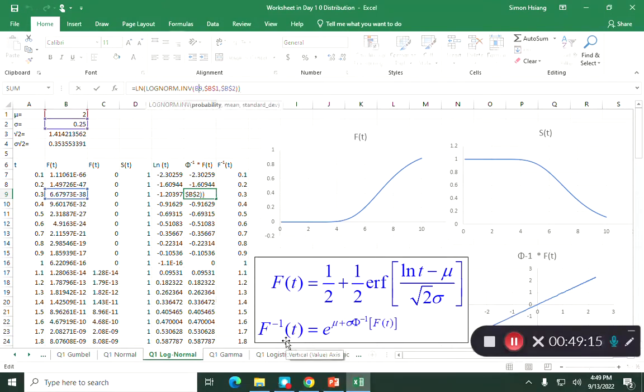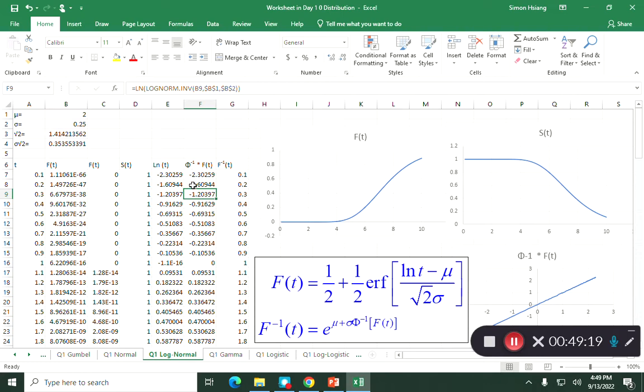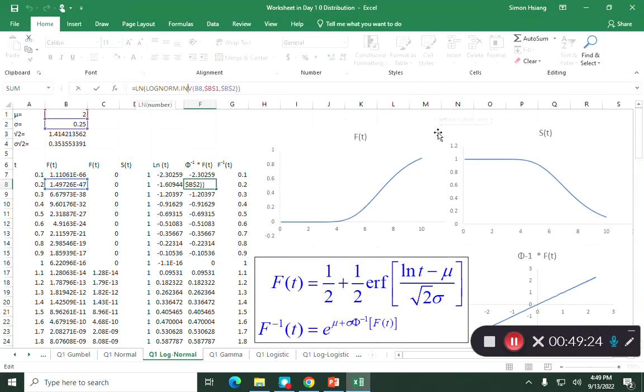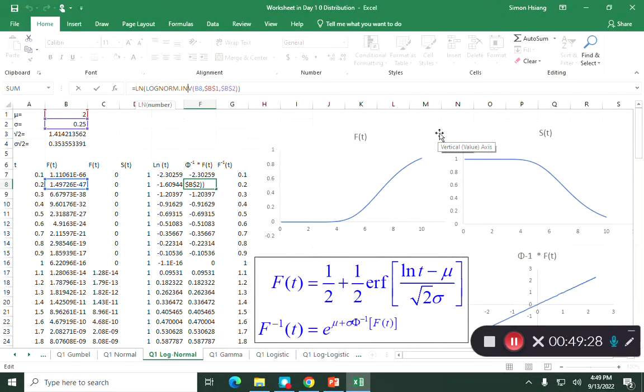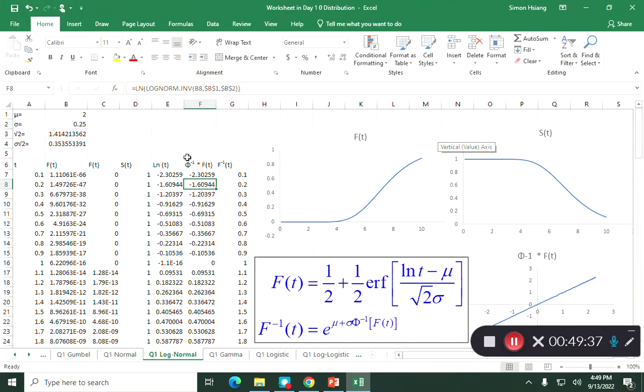Okay. Log t, no problem. Log normal inverse. Oh, I know. Remember, see if you agree with me.